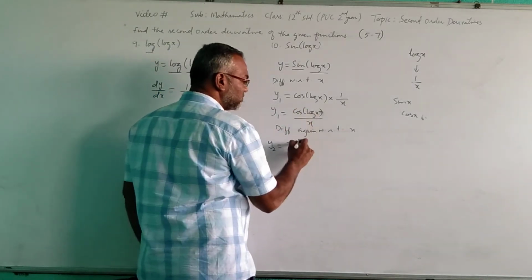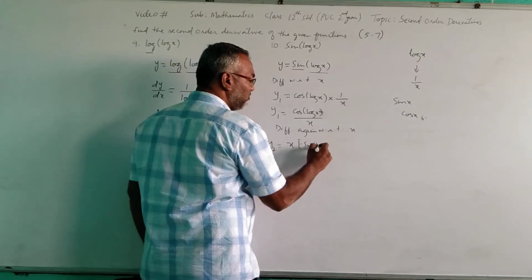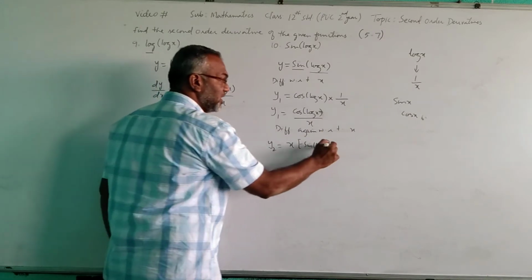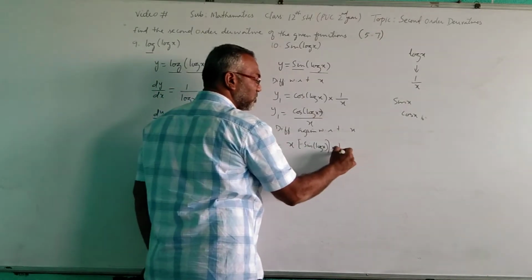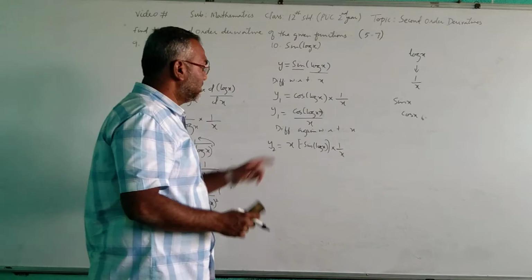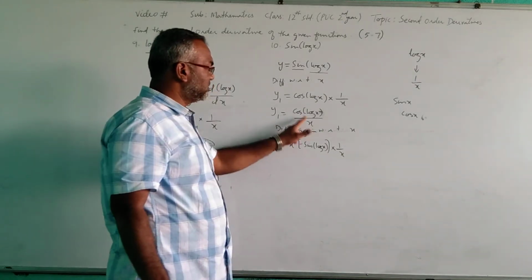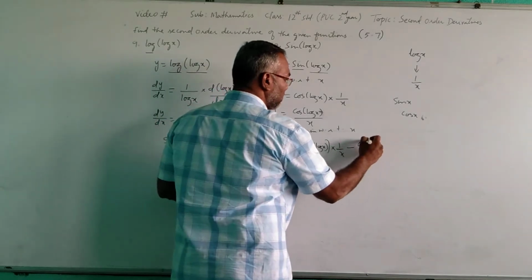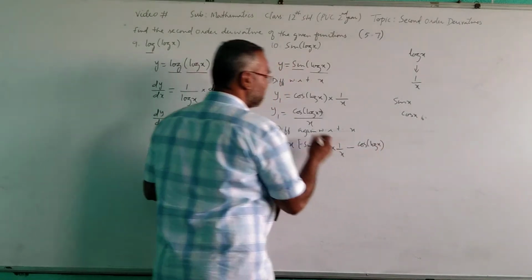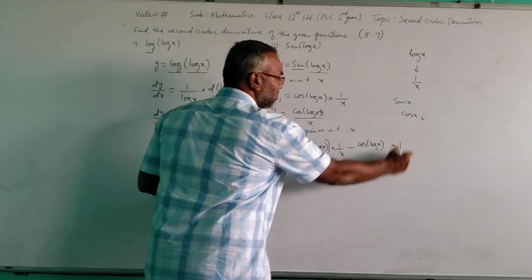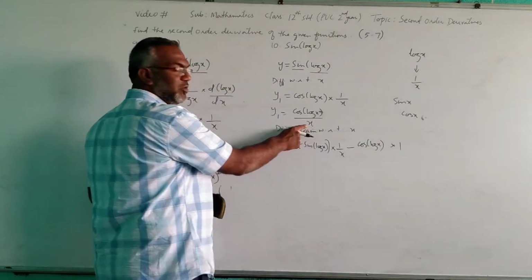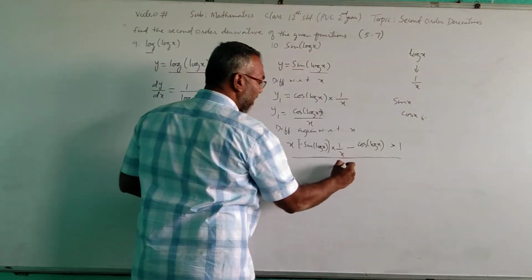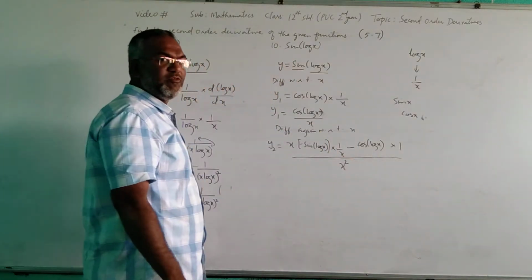Differentiation of cos of log x will be minus sine of log x into, you have to differentiate log x also, that is 1 by x. Minus numerator as it is, cos of log x, into differentiation of denominator, differentiation of x is 1. Whole divided by denominator square.